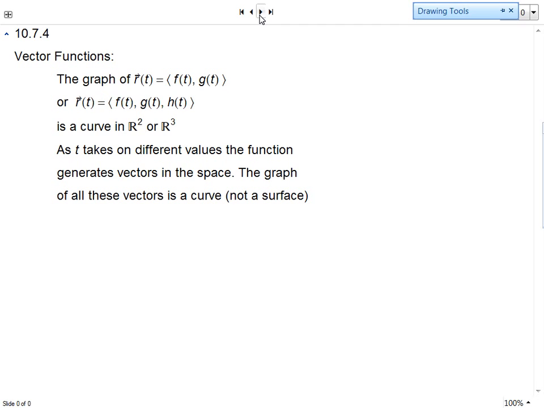But it's not a surface. That's the key. Surfaces, like the ellipsoid we just saw, are one thing. Vector valued functions in R2 and R3 are curves. It's the path of something through that space, like a fly flying through the room, as opposed to the carpet, which is a surface.